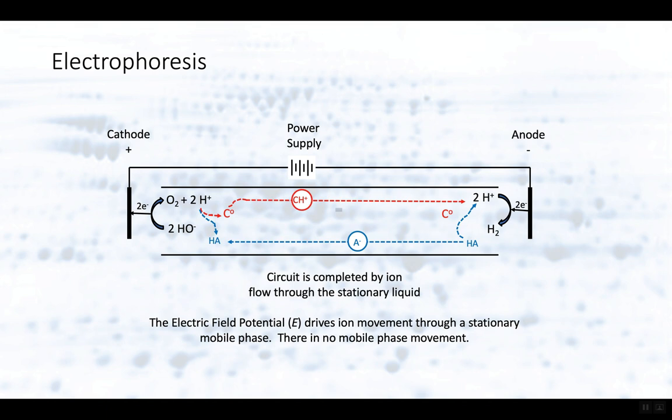So in this process, we charge up a neutral molecule. That neutral molecule then can move down the capillary, or move down the electrophoretic channel, and it can give up a proton at the anode and become net neutral again.